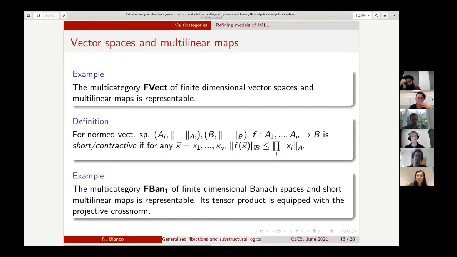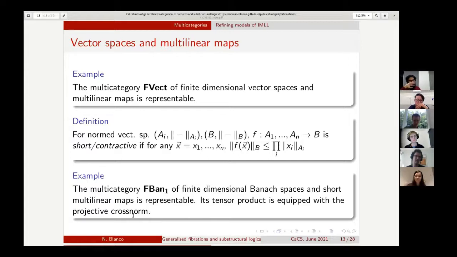And this defines a multicategory, and this multicategory is representable, where the tensor product is given by the tensor product of objects with the projective crossnorm. And so this lets us know that the projective crossnorm is the right notion of norm for the tensor product, and it defines it uniquely.